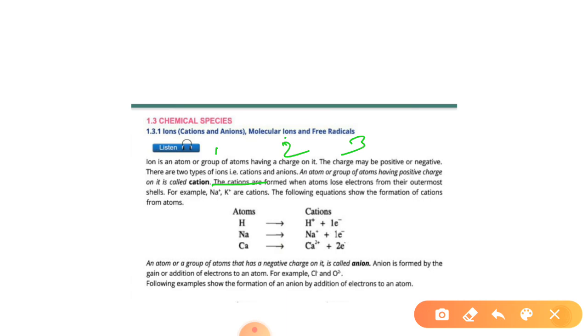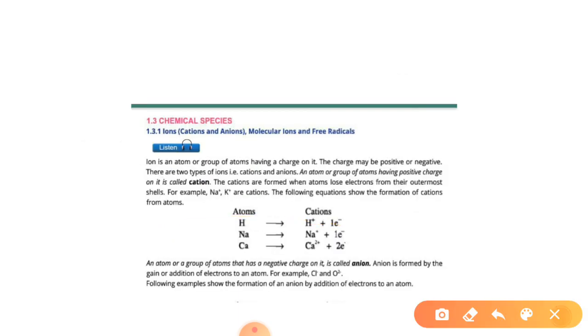Cations are formed when atoms lose electrons. So memorize that cations are formed when a neutral atom, you can see that the atoms given here are hydrogen, sodium, calcium. These atoms are neutral. How can you say that they are neutral?